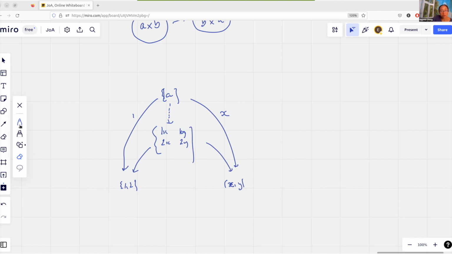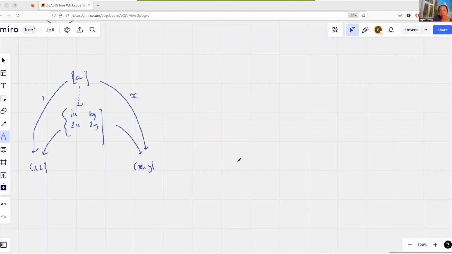But anything that's isomorphic to it will also be a product. So I could hilariously make a categorical product of these two sets that consisted of the set A, B, C, elephant. Now I have to make projections.